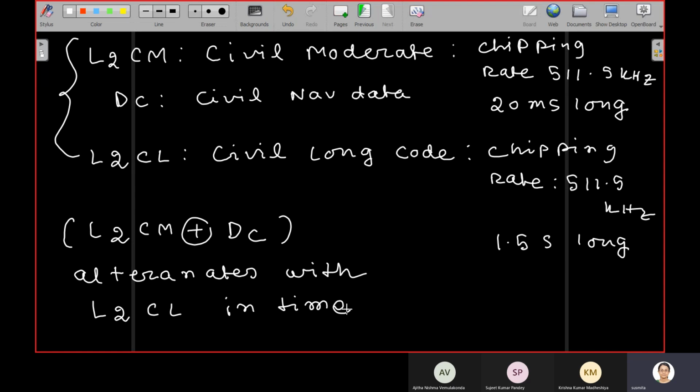What does it mean? You take L2CM and DC and find the modulo-2 sum. You will have a series of zeros and ones. Similarly, you get a series of zeros and ones for L2CL. First you take one chip from this one, and then the next chip will be taken from this one. That's how they alternate in time. This is how they have put the code and data for the civil user in the L2 band.